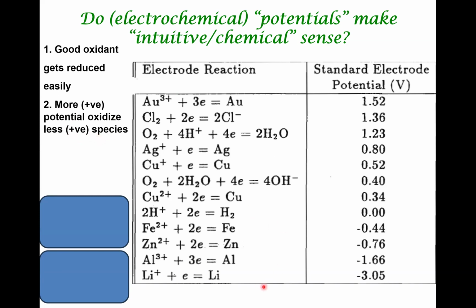So let us try to understand this using the reduction potential. We are talking about a redox reaction, right? So when we say more positive, there is an oxidant and a reducing species, something is getting oxidized, something is getting reduced. So let us take this redox pair. Let's say take chlorine. Chlorine has a more positive reduction potential.